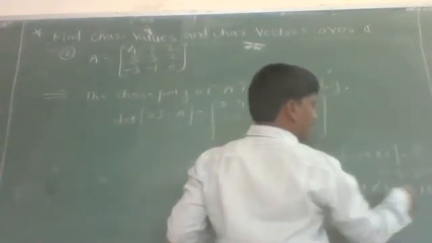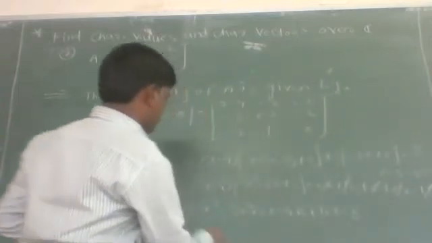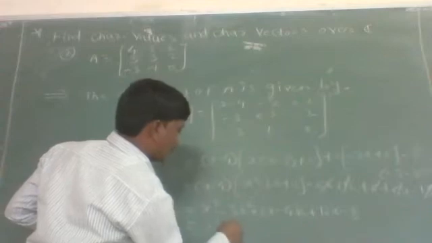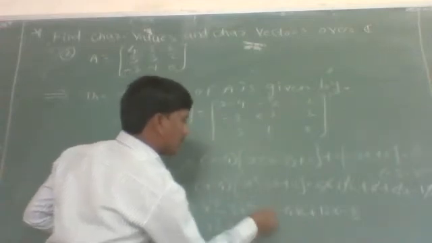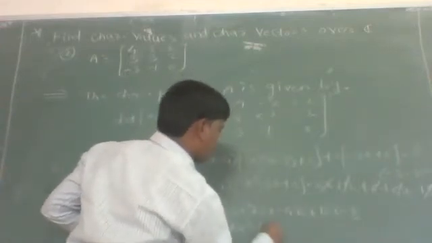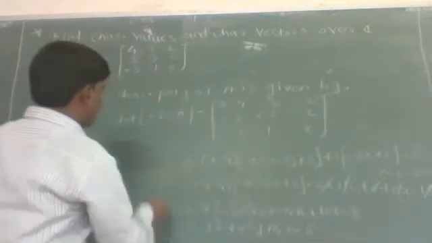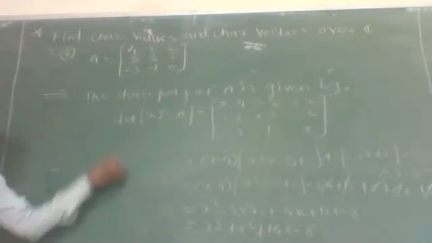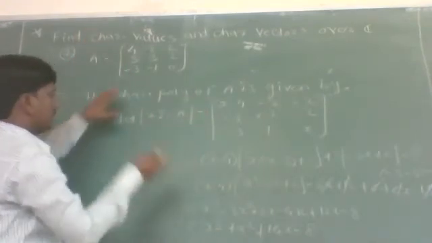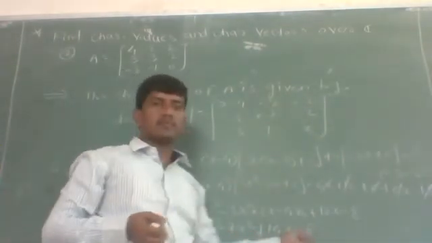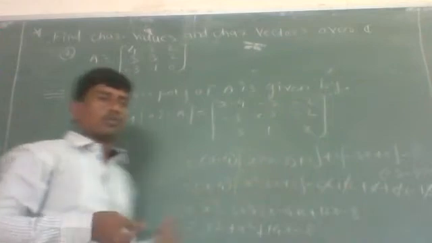So which is nothing but x cube minus 7x square plus 14x minus 8. Now this is the characteristic polynomial of the given matrix A, that is x cube minus 7x square plus 14x minus 8 will be equal to 0.